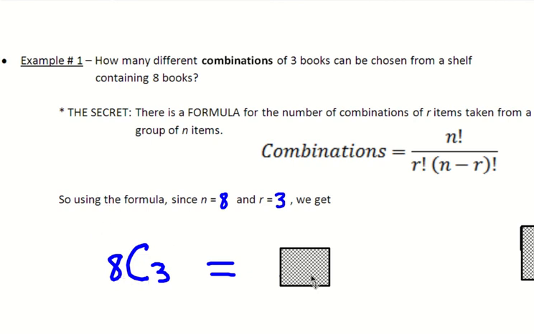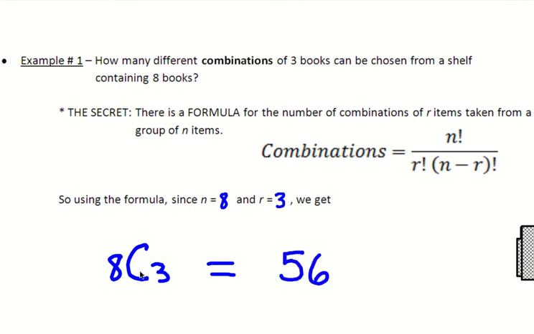Anywho, 8 choose 3, and here's what you do on your calculator. First, you would type in the 8. Before going to your NCR formula, you would first type in 8, then find the NCR by hitting the PRB button, finding the right menu, highlighting the NCR and hitting enter, then hitting the 3, and then enter again.